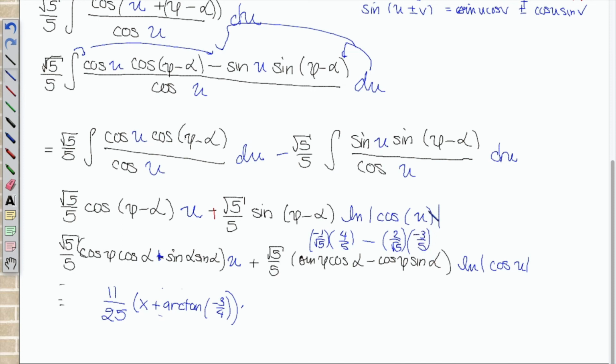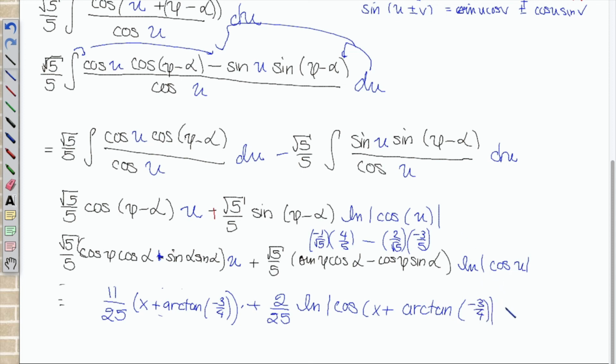And so that ends up with negative 4 minus a minus 6 becomes positive, and so minus 4 plus 6 is positive 2 over 5 square root 5. And so this simplifies, becomes 2 divided by 25. And this becomes ln of cosine of x plus arctangent of negative 3 divided by 4.